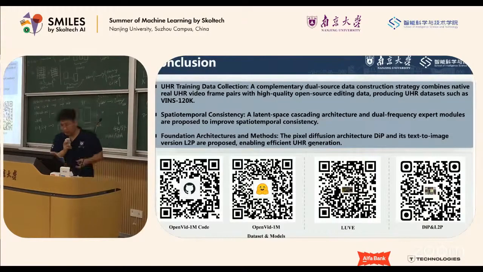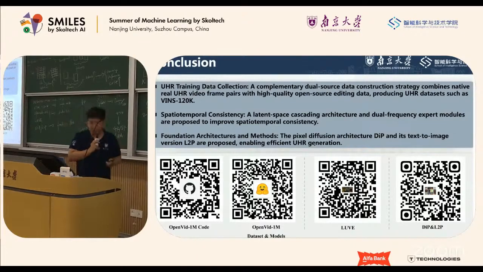And I will conclude with three points. First, we construct high quality datasets such as Ultra HR 100K, VINS 120K and OpenVid 1 million through carefully designed data pipelines. Second, Louver improves video generation through latent cascading and dual frequency experts.